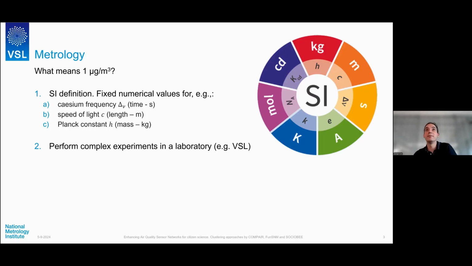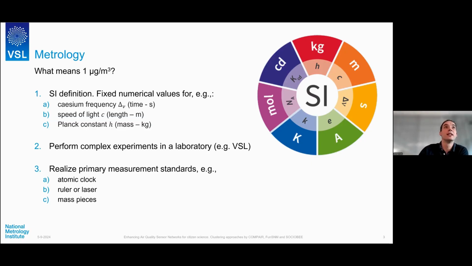Of course, this is not very simple, you have to perform some complex experiments in a very advanced laboratory, and it's typically done at national metrology institutes. In the Netherlands, VSL is that institute. So from the definitions and some physical principles, we derive what a second, meter and kilogram are.